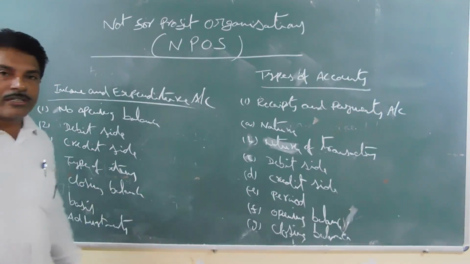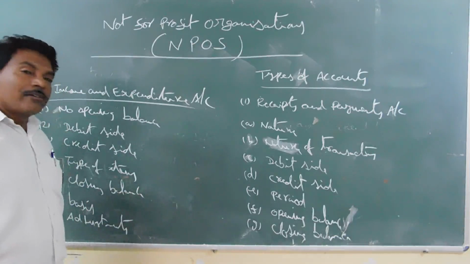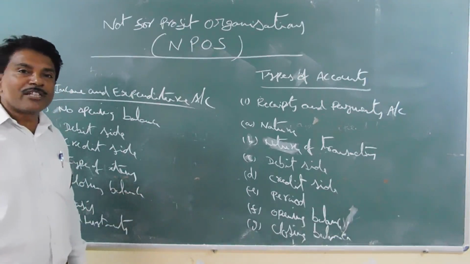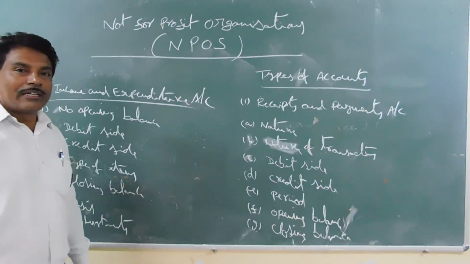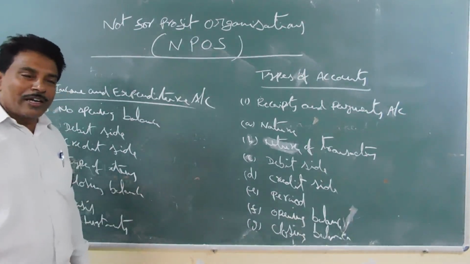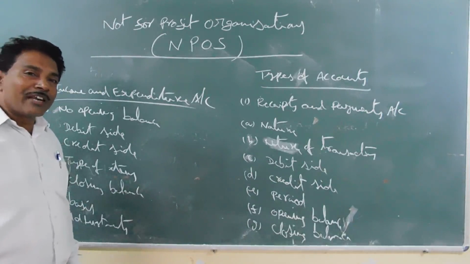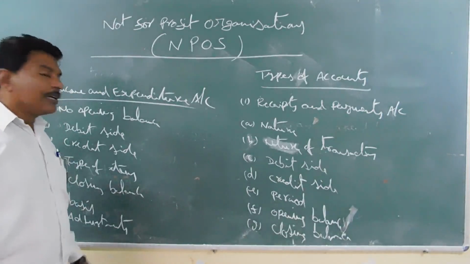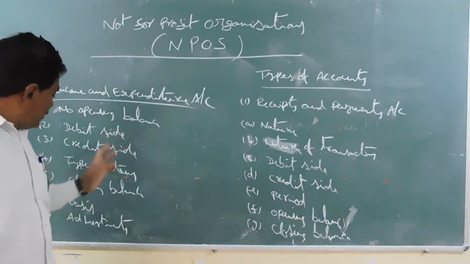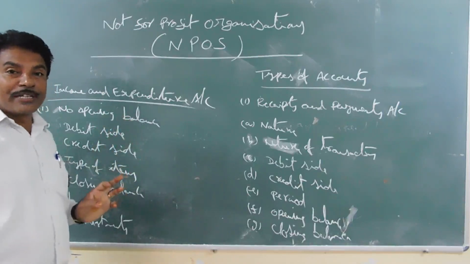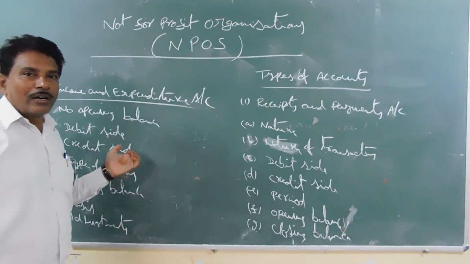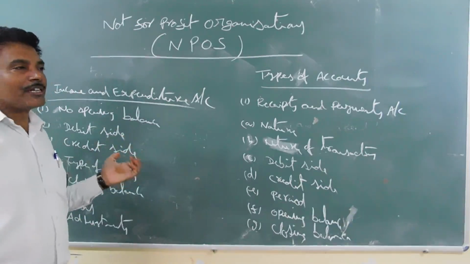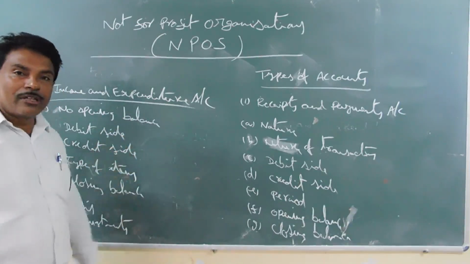Next, adjustments. As it is prepared on accrual basis. Accrual basis means irrespective of whether paid or received, it takes both revenue incomes and expenses into this account, if they are pertaining to the current year.